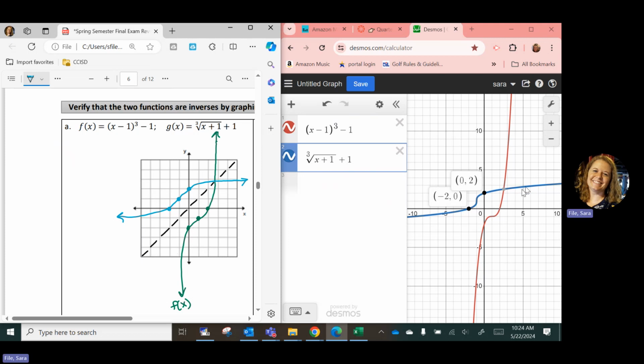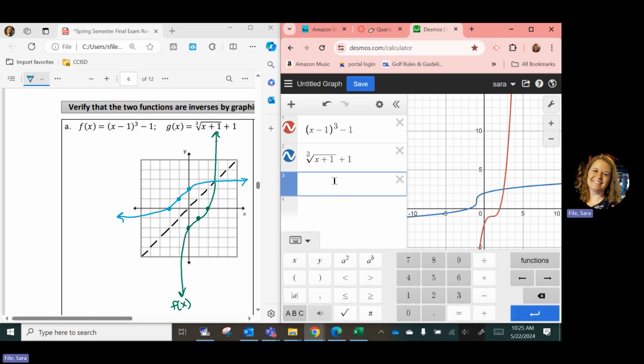And you can even confirm with the actual ordered pairs. Remember, your ordered pairs should, the x and y should switch. So if this blue one has a point at -2, 0, this one should have a point at 0, -2. This one has a point at 0, 2, so this one should have a point at 2, 0, because the x and y switch. Do y'all see that?